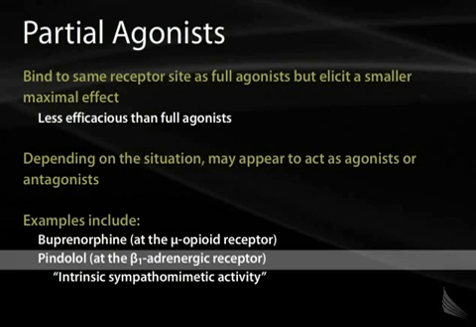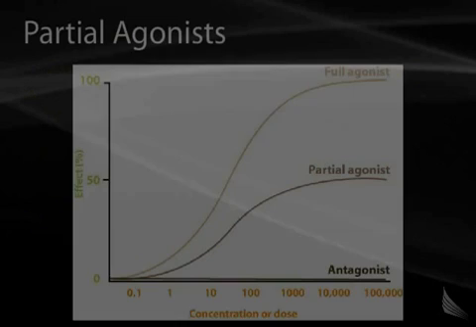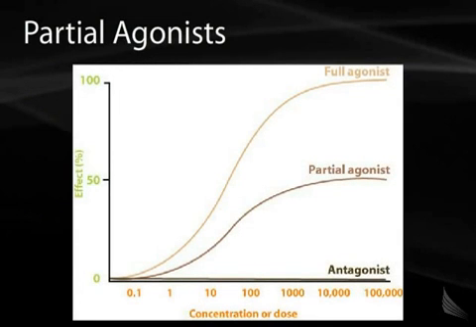But if there's not a lot of agonist around, then adding this partial agonist will actually appear to be an agonal response instead of an antagonal response. As you can see, partial agonists are less effective than full agonists over time.